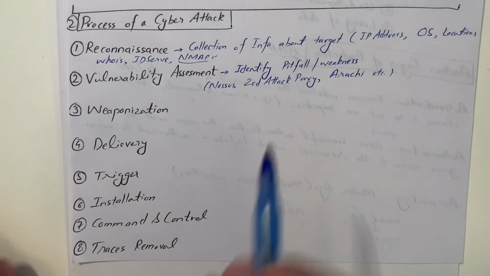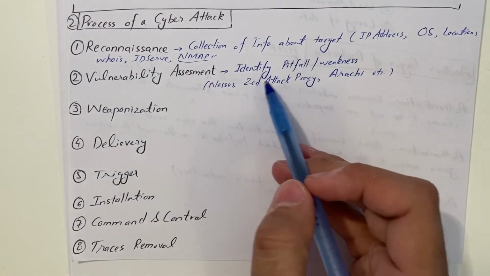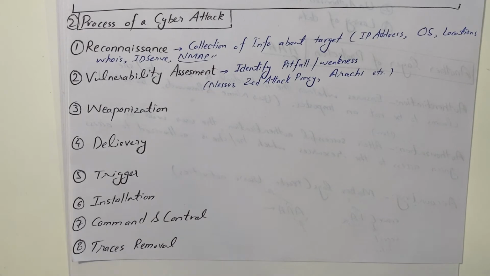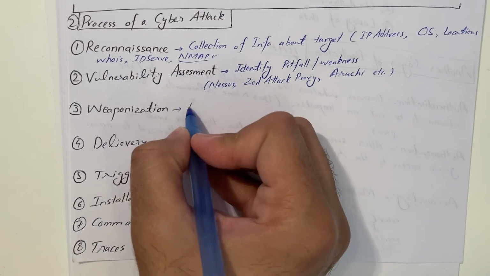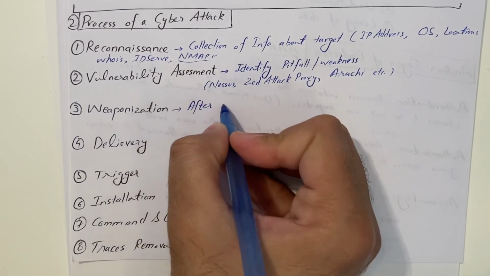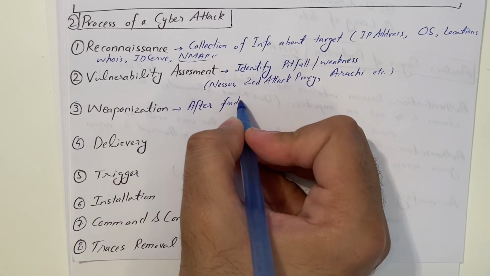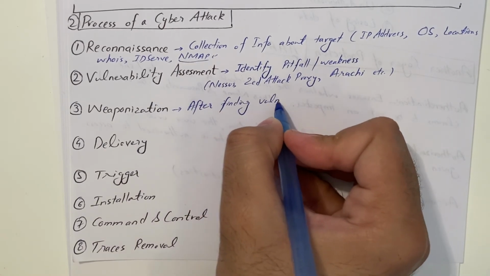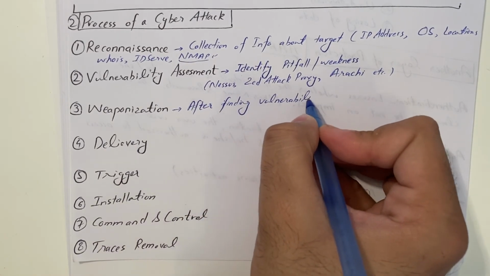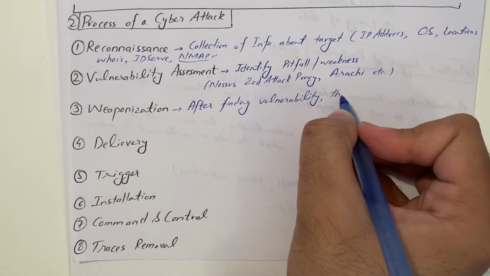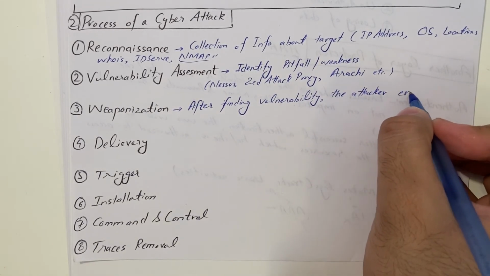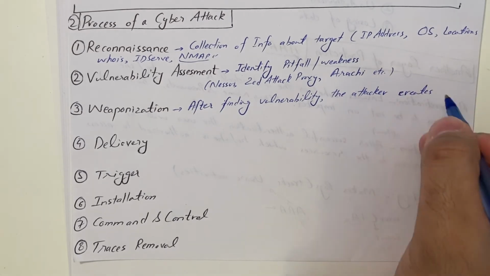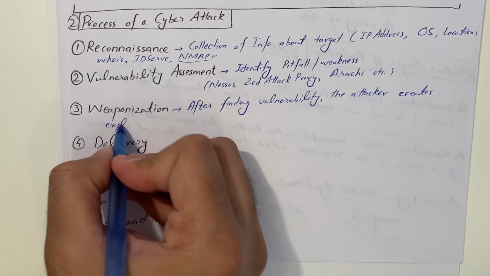So firstly, we collect information about the target. Secondly, we try to find a vulnerability through which the system can be compromised. After finding the vulnerability, the attackers create an exploit.